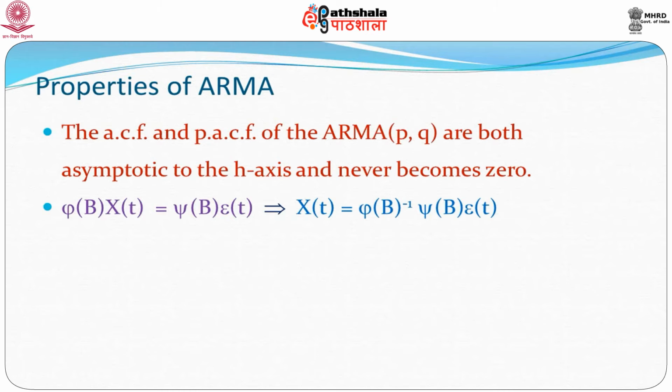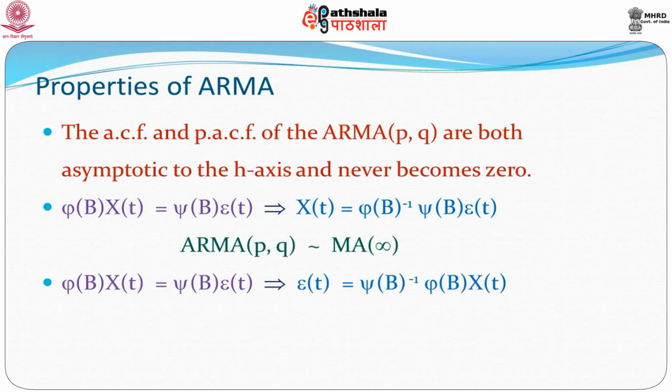The B square, B cube terms etcetera would come, and with the epsilon t's the backward shift operators will make them epsilon t minus j. So, this series on the right hand side would be an infinite MA series. So, an ARMA(p,q), like the AR(p), can be written as an MA infinite series.